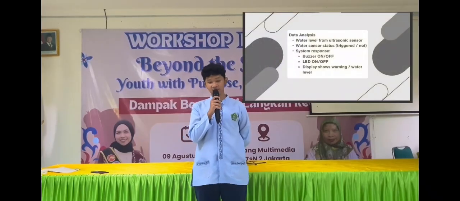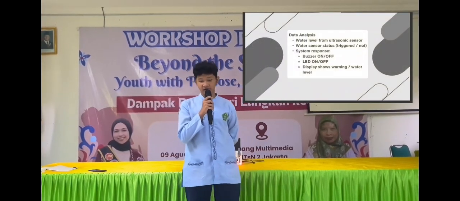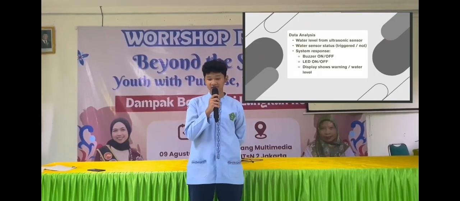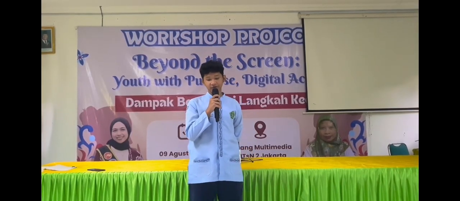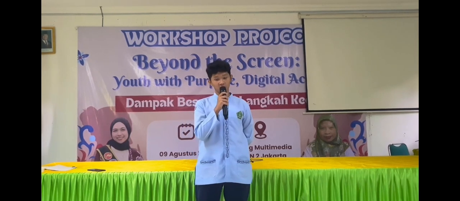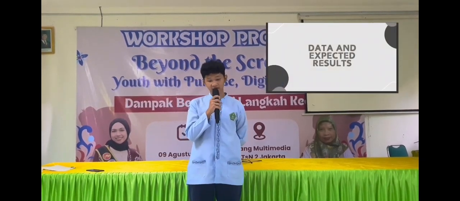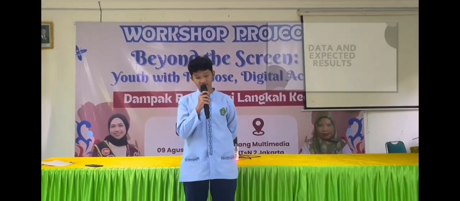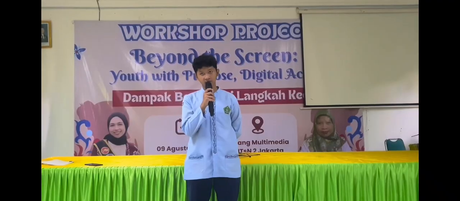Data analysis. Water level from ultrasonic sensors. Water sensor status, whether triggered or not. The system response: the buzzer on and off, the LED on and off, and the display which will show the warning and water level. Data and expected results. Data collected: the water level status from the ultrasonic sensor and also the buzzer warning.